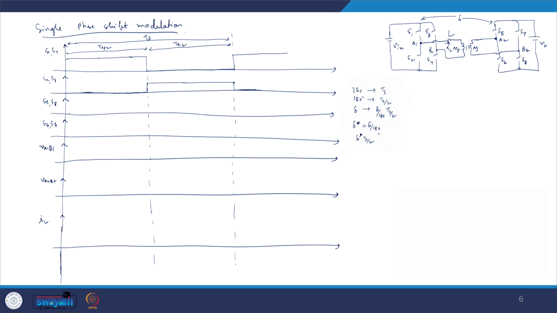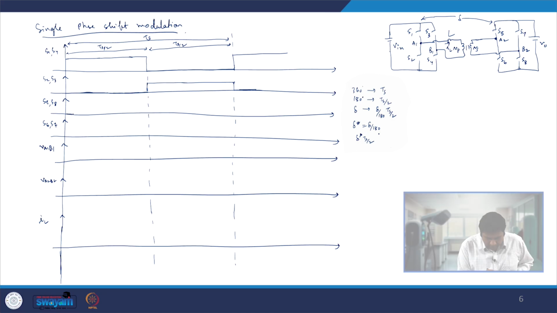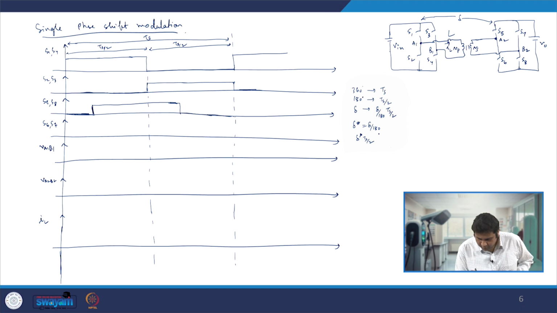So let us give one phase shift, let us take at this point. Down and again it goes up.